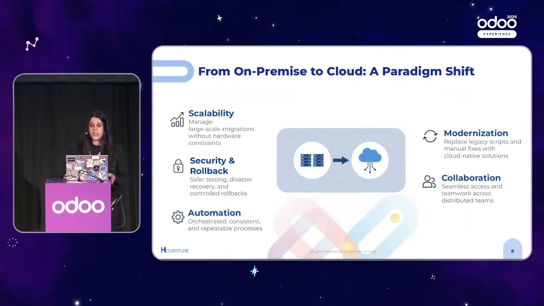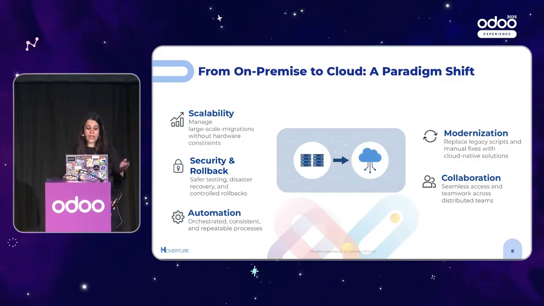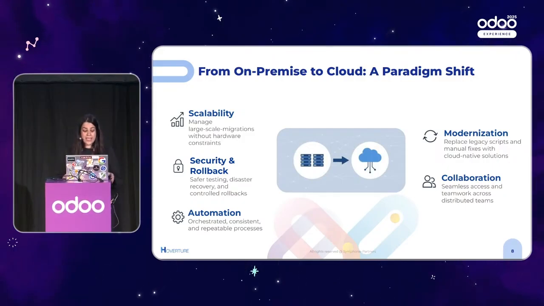First of all, we need a paradigm shift. So what we decided to do is to move from on-premise to cloud. And this is important because if you move from on-premise to cloud, you have, first of all, scalability, because you can manage large-scale migration without any hardware constraint. You can have, of course, security and safer testing, and also it is easier to recover from disasters.